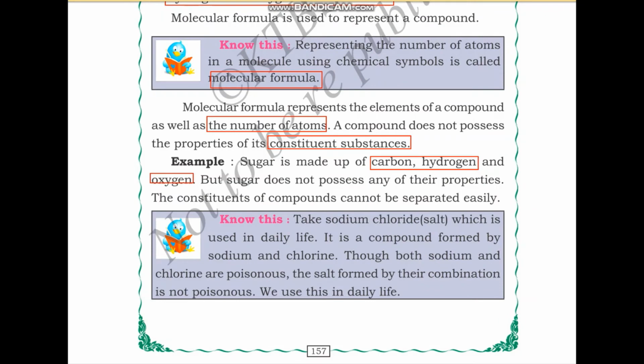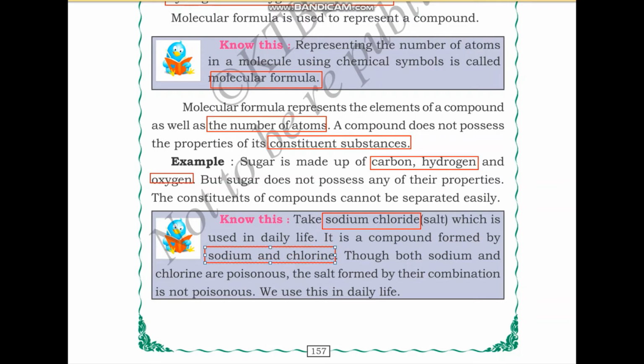In the next activity, know this. Take sodium chloride. Sodium chloride is common salt, the table salt that we use for our cooking. It is used in daily life. It is a compound formed by sodium and chlorine.